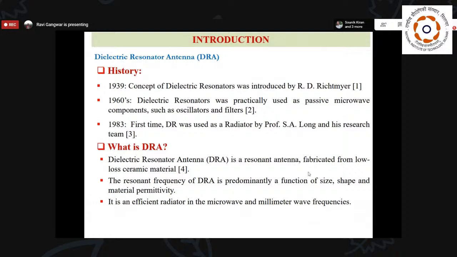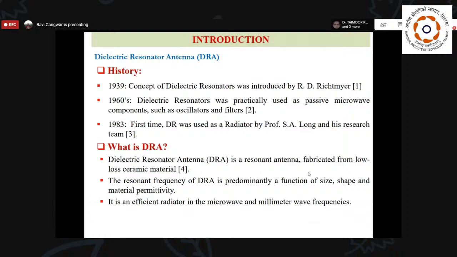But for antenna applications, we lower the dielectric constant of the material, so that the ability to hold the electric field is reduced. That means energy starts leaking from the DRA itself, and that is why it works as an antenna.